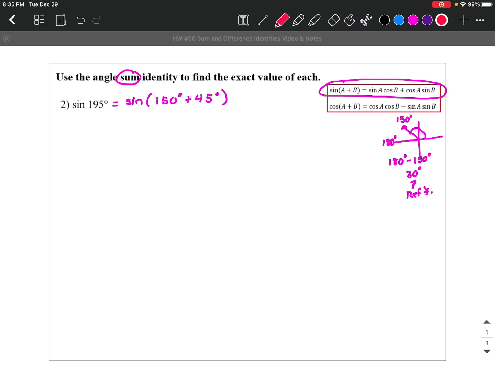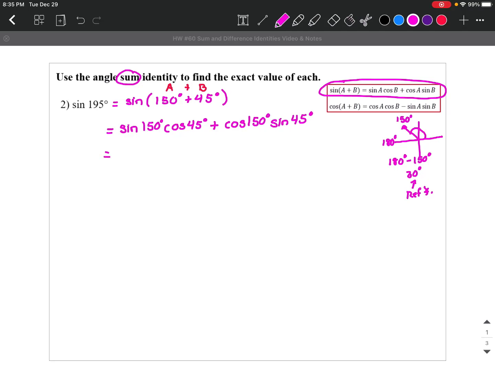Now when we use this, this is the A and this is the B, the first and the second angle. So the rule that we have for sine is to take the sine of the first angle times the cosine of the second angle, keep the addition, cosine of the first angle, sine of the second angle. Now you need to know your values.